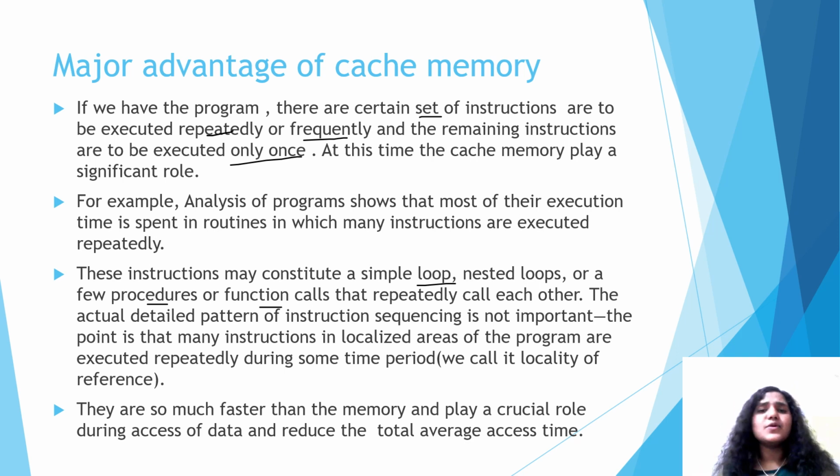For example, if we don't use the cache memory, when accessing the data, it accesses all the data, that means the set of instructions which are executing frequently as well as those executing once. So it increases the access time. By using cache memory, we reduce the average access time by only accessing the data which occurs frequently.